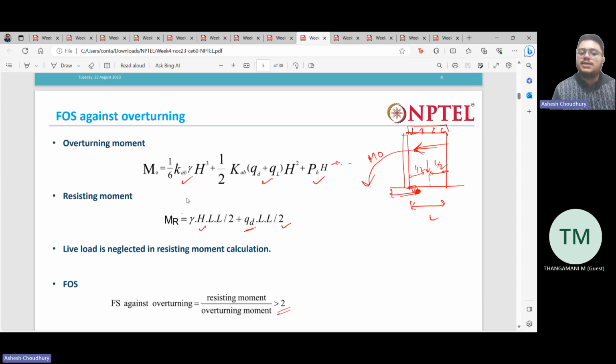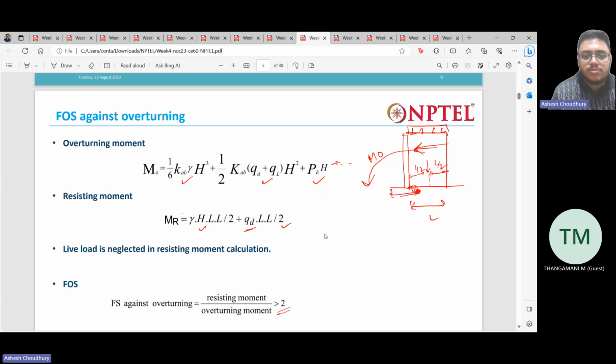Then after the sliding check, we need to do the overturning check. In the overturning check, we need to calculate all the overturning moments. The overturning moments are generated by the lateral pressures from the live load, the dead load, and the earth pressure of the soil at the back. So all these things we calculated. Then we have the resisting moment.